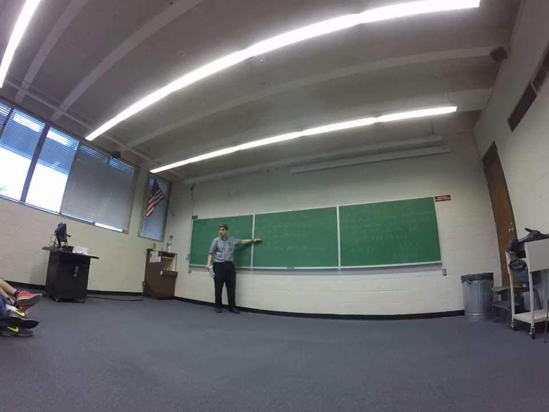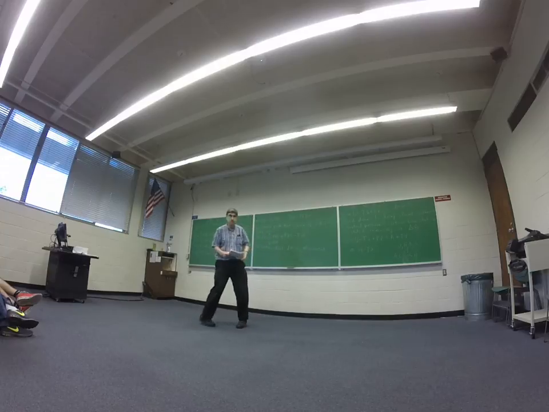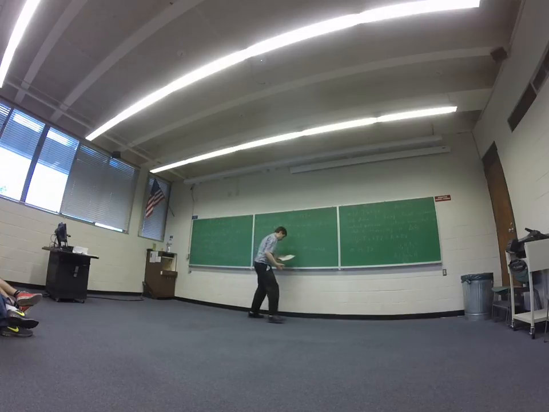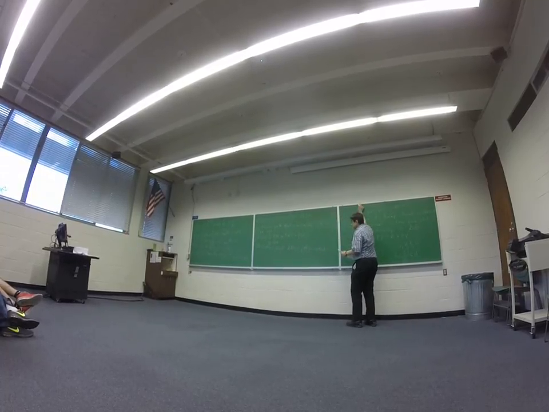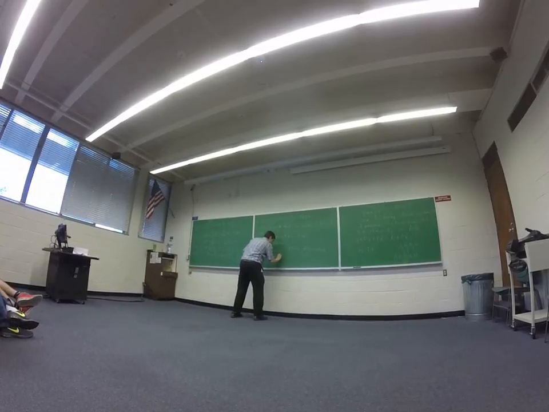If I divide this term by m, what do I get? U hat. M is constant so it goes inside a differential. Dividing this by m, T is an intensive variable, not an extensive variable. There's no m here. But S over m is what? S hat. Same thing here. P is intensive, but V is extensive. V over m is what? V hat. So that becomes, actually it's right here, dU hat equals T dS hat minus P dV hat.